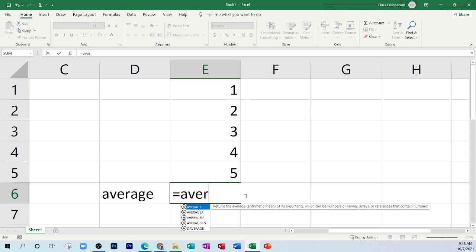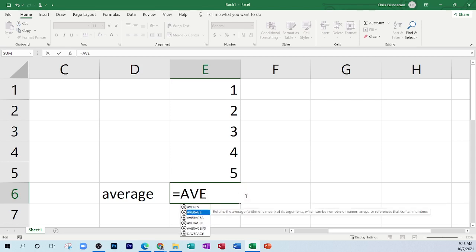That is going to be the tab key. So if you use the tab key, it will complete the function and add the bracket based on what is highlighted.